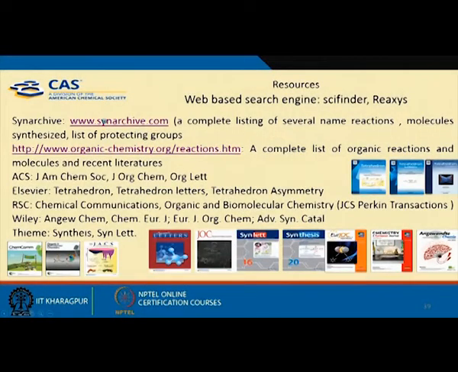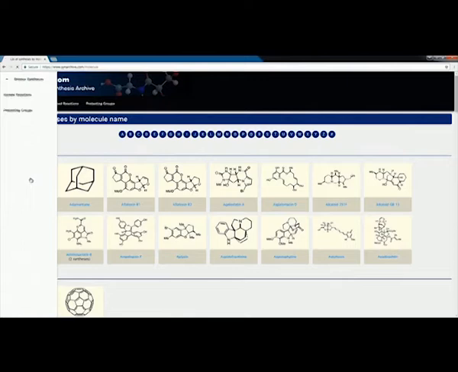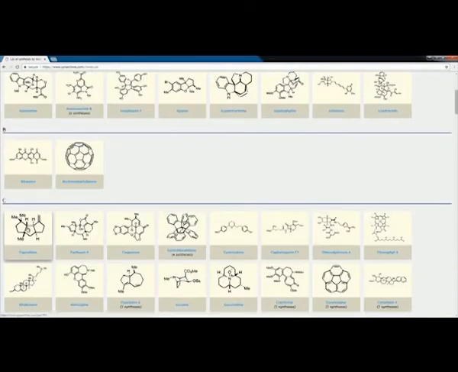Particularly SynArchive, for all the molecules a retrosynthetic pathway has been given, and if you click for this, let us click the SynArchive again, and then you browse synthesis by molecule. So, this means that we will now target any molecule, let us say this molecule.